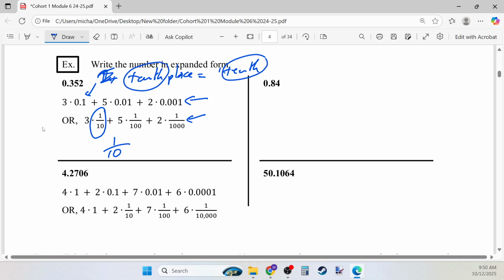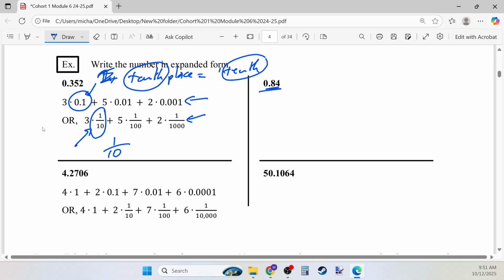These are the same word because they mean the same thing. Tenth means 10 of them make up a whole. It doesn't matter if you write it this way as 0.1 or this way as 1/10. It's still a tenth, and it is the same value.